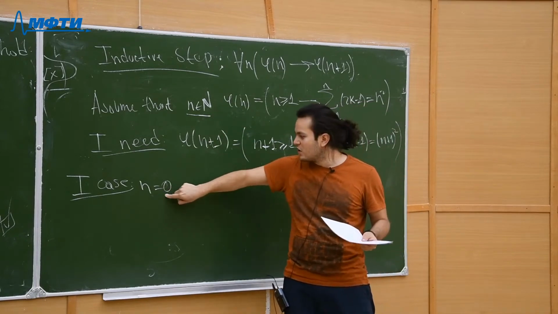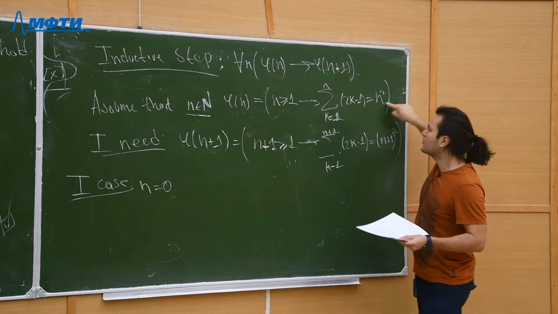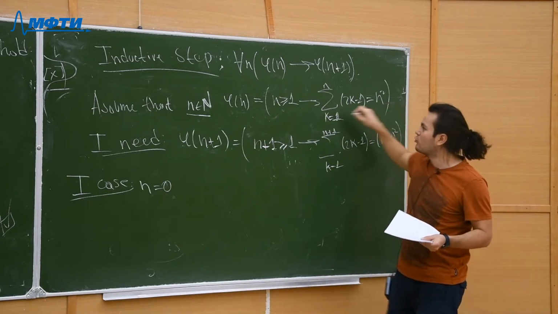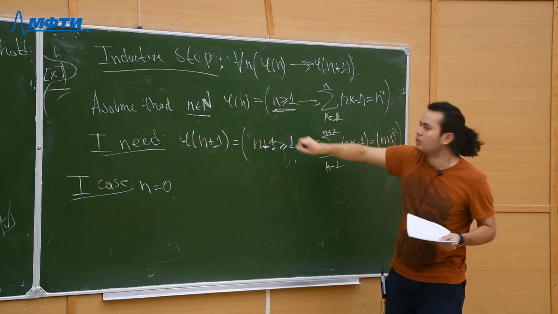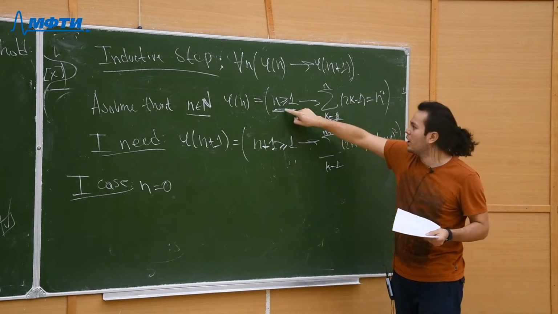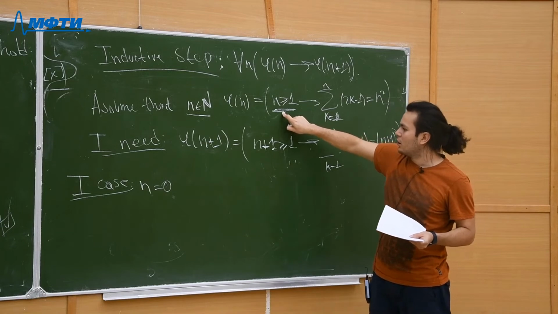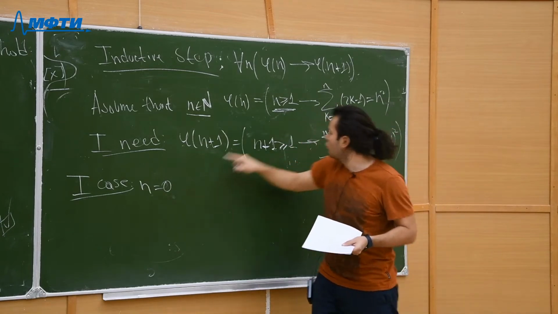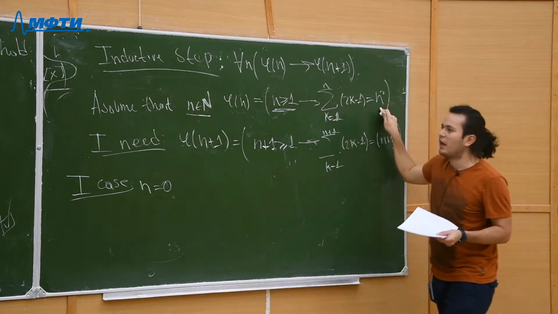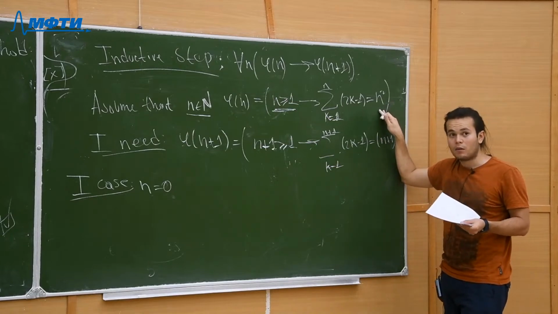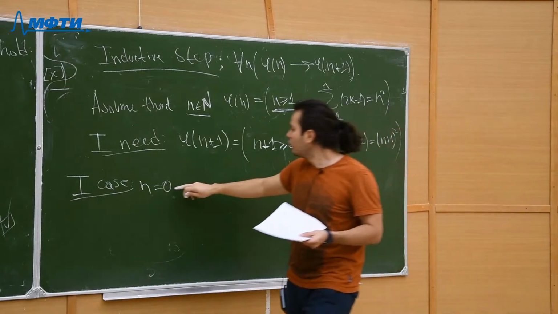But if n is 0, can I apply this? No, because to apply this, I need this to be true, and n is less than 1. So I cannot apply the inductive hypothesis right now. What can I do? I just can put this value here.